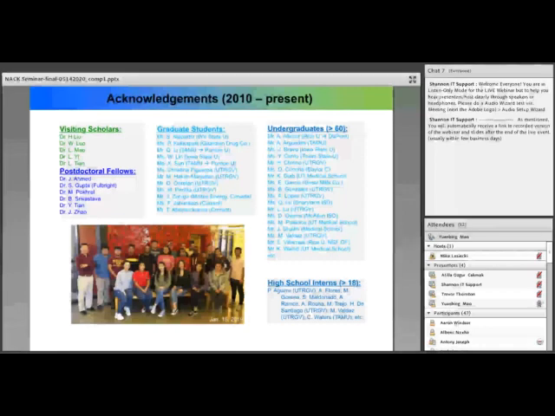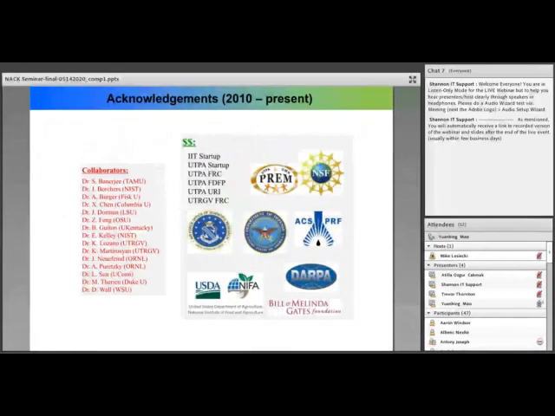I really appreciate all my group members, and I also have a lot of collaborators; here I just list a few, across so many places. I appreciate their help, support, and also financial support. Nowadays, without financial support, it is difficult for us to do this research, and I've been fortunate to get all these awards and do the work.